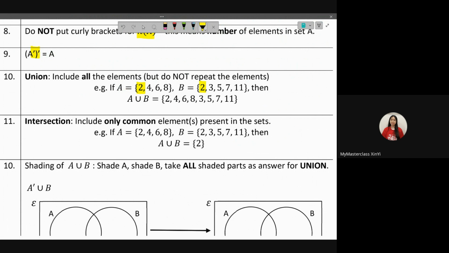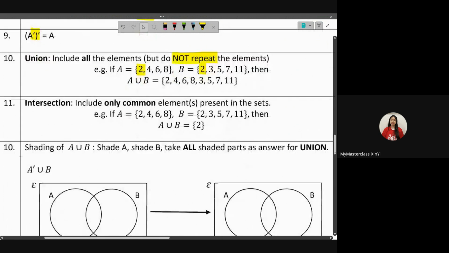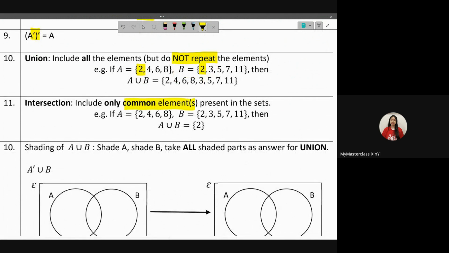Now intersection: you only include the common ones, which is just 2. There's a typo here, this is the intersection symbol. So A intersect B is just the set consisting of the element 2.